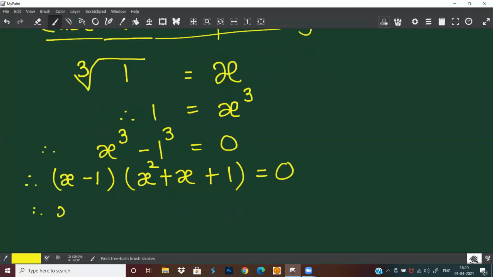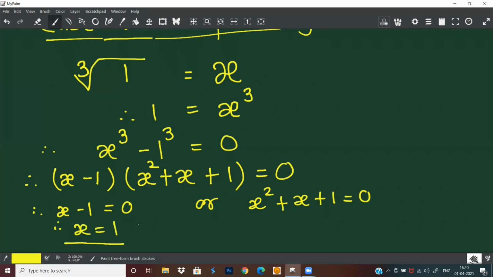So either x minus 1 is 0 or x squared plus x plus 1 is 0. Now, one of the roots, that is x is equal to 1, I will say it is a real root.